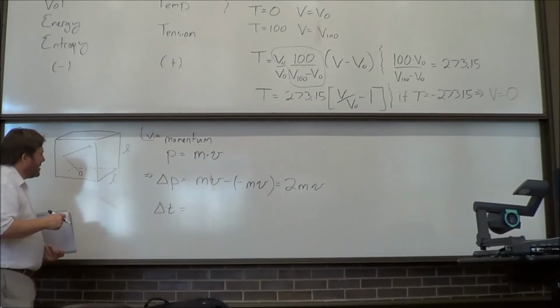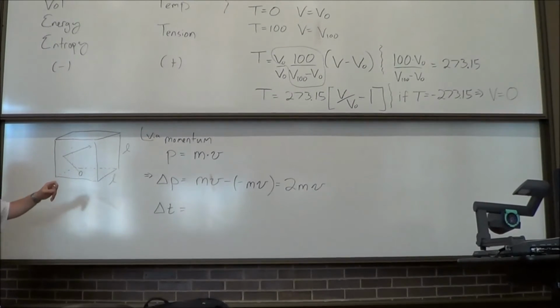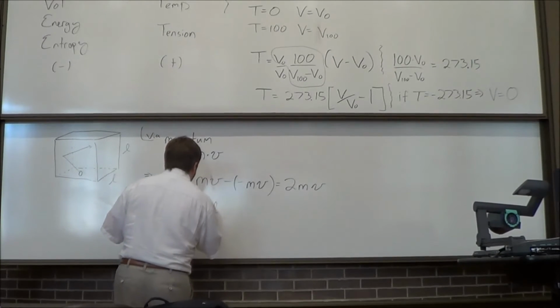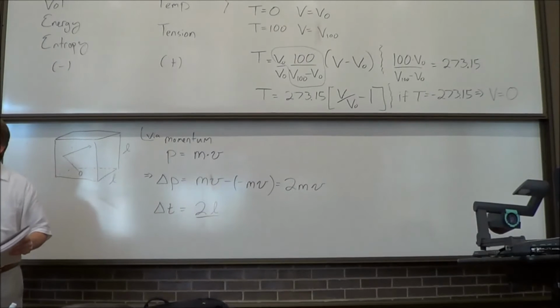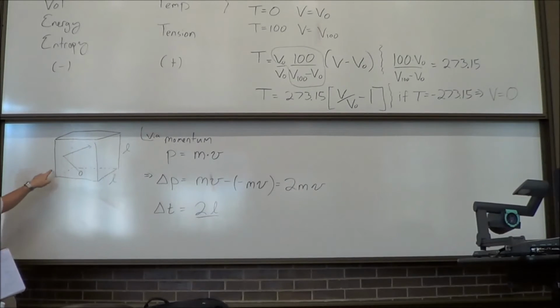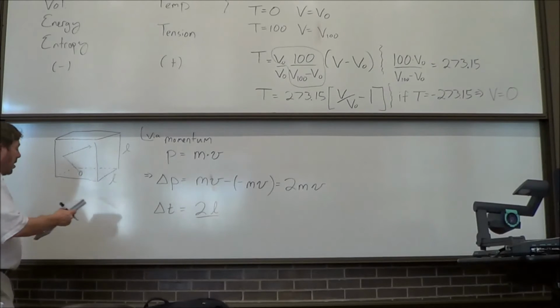Now, I can imagine, I'm looking at this, and I'm thinking, if this thing has traveled at least 2L, 2 lengths, then it had to hit a wall. You may think, well, if it travels more than 1L, it had to hit a wall. Actually, it could go catty corner. Right? So I know that if it goes 2L, it had to have hit a wall.